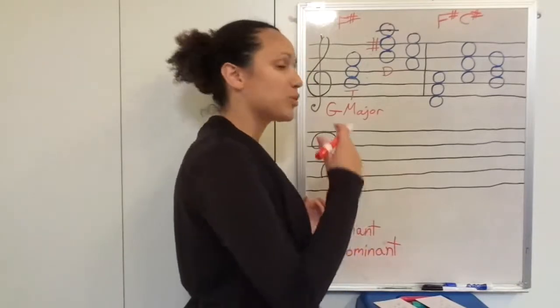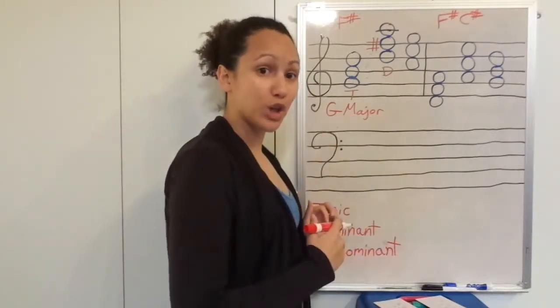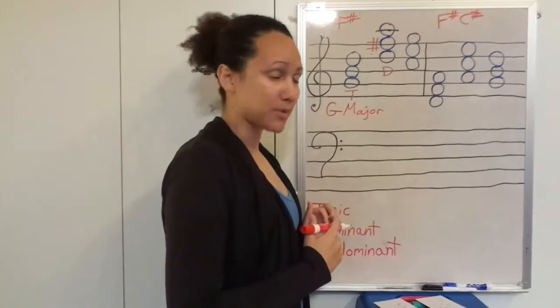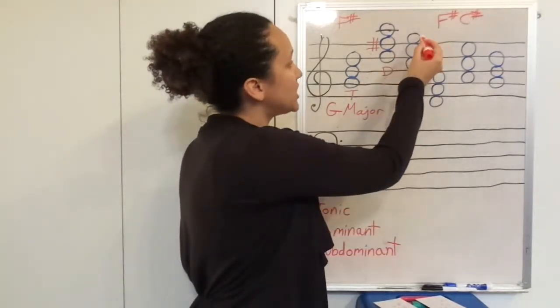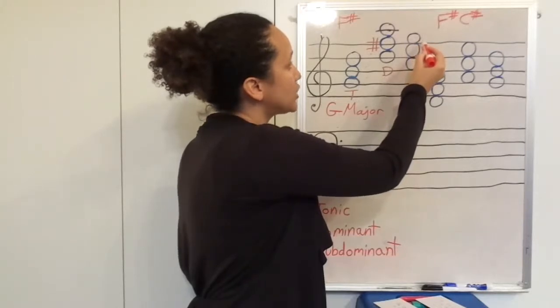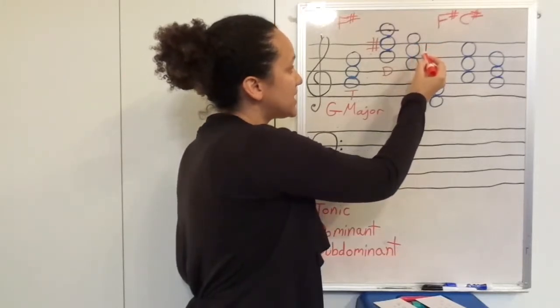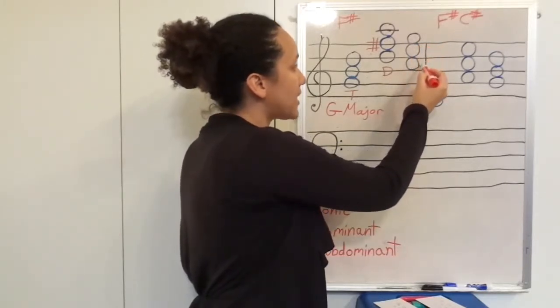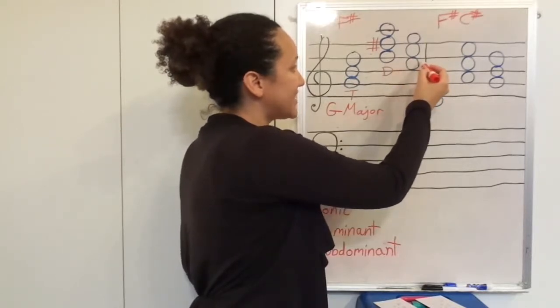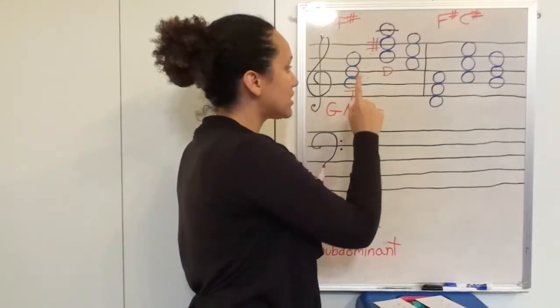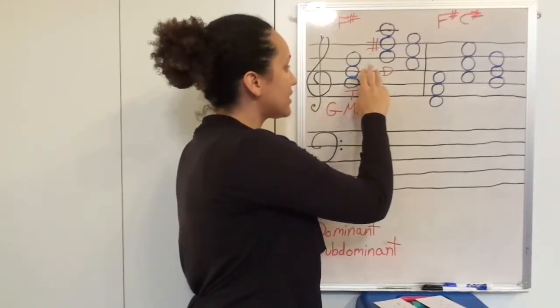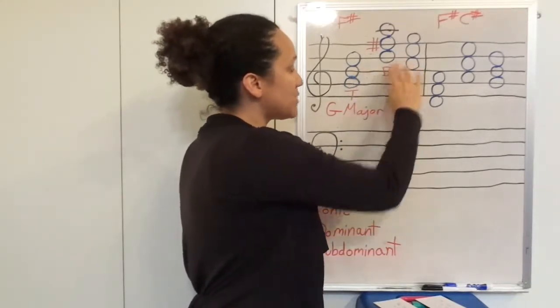Now then, remember that we want a 5th below for the subdominant. So let's start on this G here. That's 1, 2 on the line, 3 on the space, the E, 4 on the line, 5 on the space. That is the C. Now if you count from the bottom, G, A, B, C would be 4.